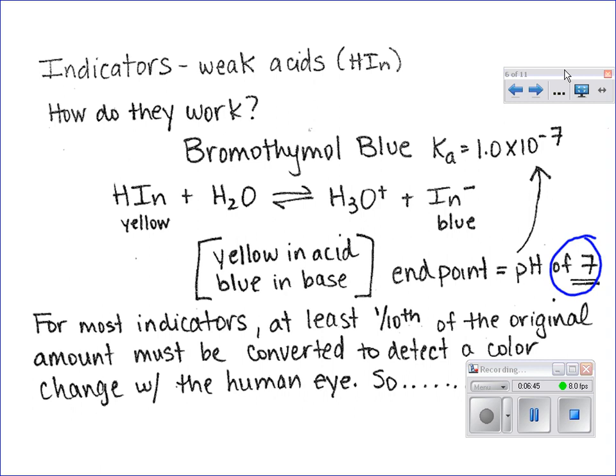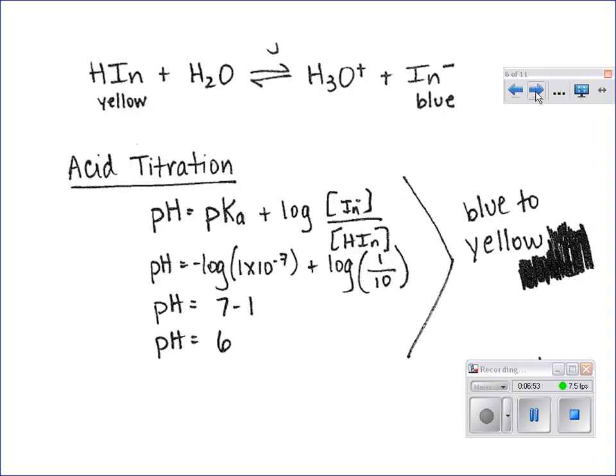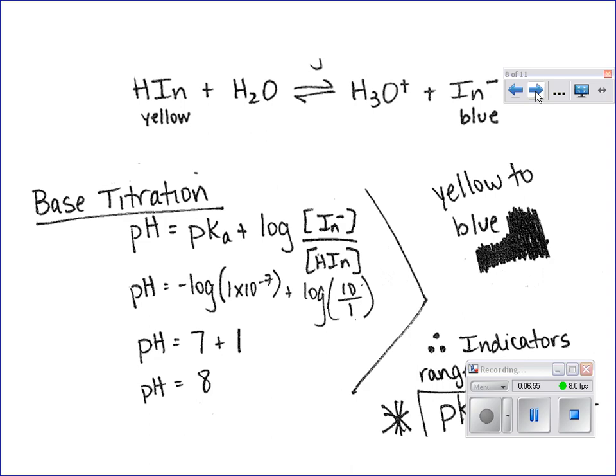So that's going to create, and this is really cool, if you look at Henderson-Hasselbalch, remember, these are conjugates, right? We're dealing in a normal conjugate acid-base system. So if you're saying, in order to see color change, I need at least 1 of these to every 10 of those, you get your endpoint of 7, and then the log of 10 over 1 is 1, so we get 8.